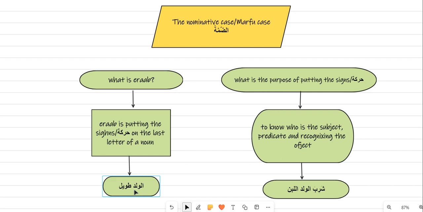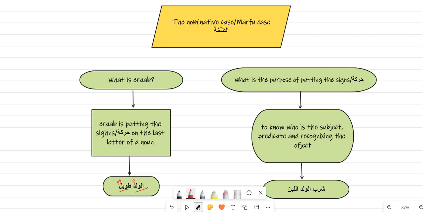If I put a dhamma over the dal, know that it's in marfu case. If you have a dhamma over the dal, know that this noun is in marfu case. So even if it is a single dhamma or a tanween dhamma, know that these two nouns are in marfu case. That's how you recognize the nouns in Arabic, in which position they are.